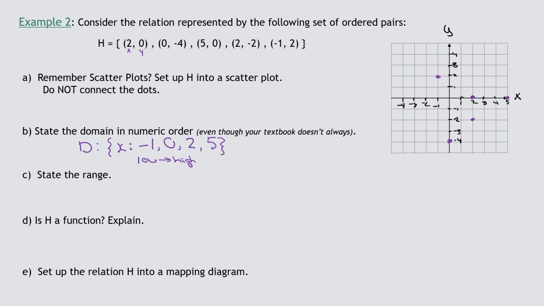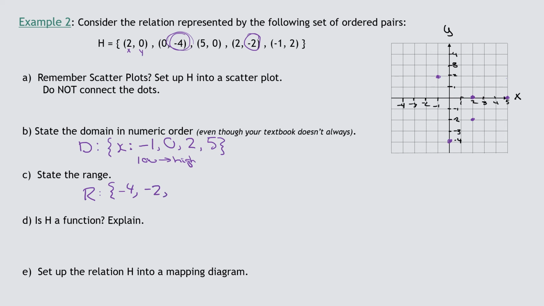Part C says state the range. Again, low to high. For the range, you can put a y if you want to remind you that the range is the y values. My lowest y value, looking at my list here, is a -4. What's the next lowest y value? That would be the -2.